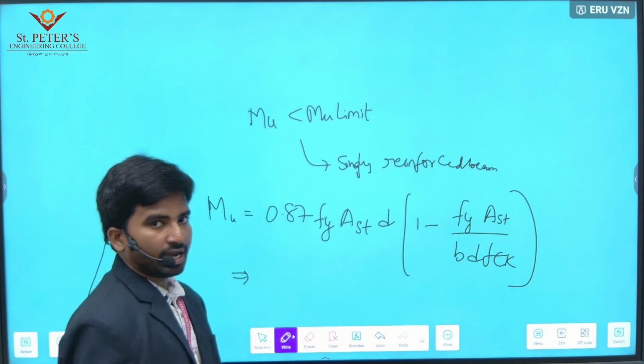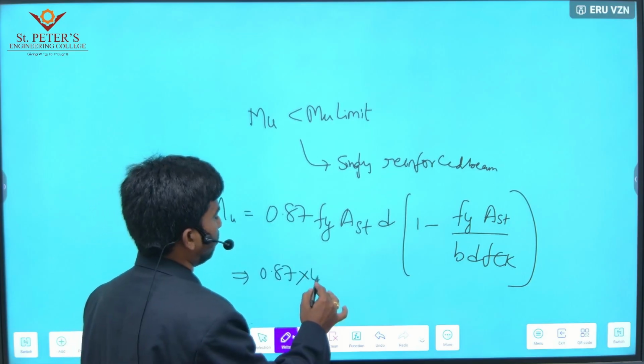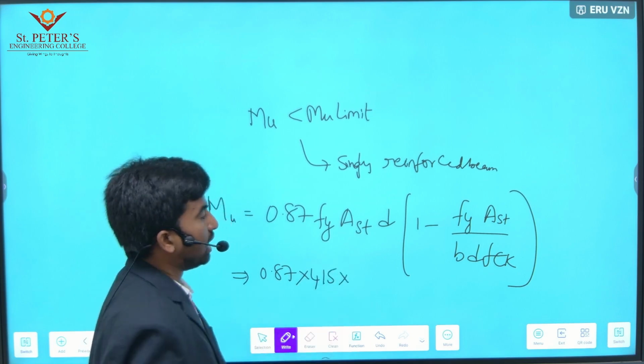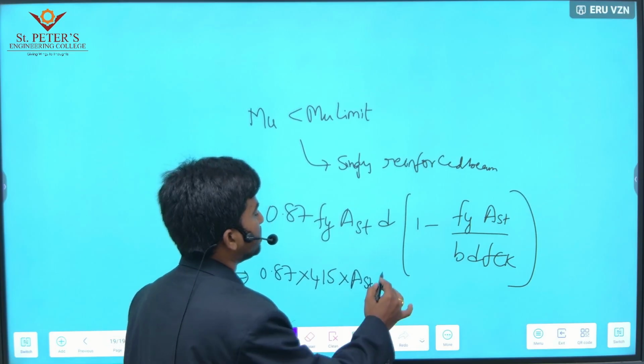So 0.87, we take the same 0.87, and fy is 415. We are calculating the area of steel, Ast. Here the depth of beam is 450.